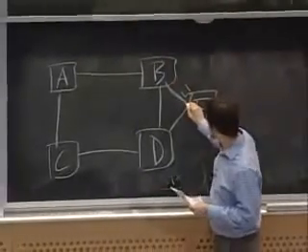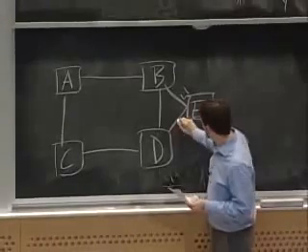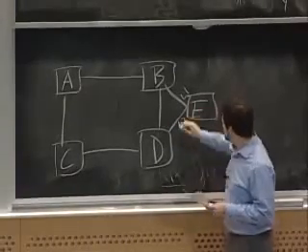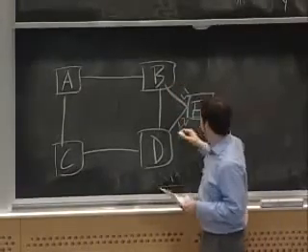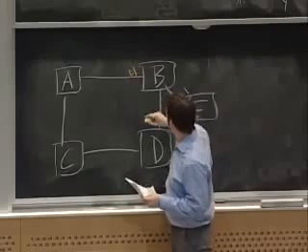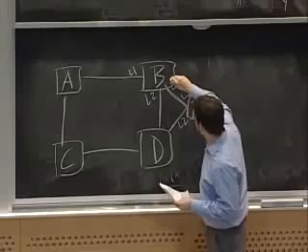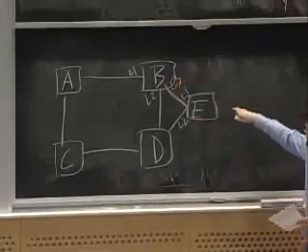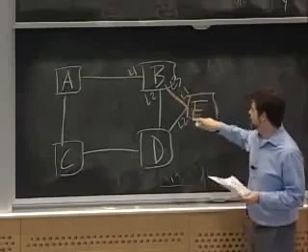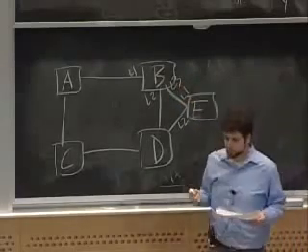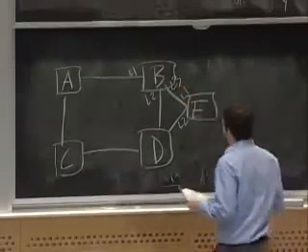We're going to label this link E to D, L2. And then I'm going to number all the links in the same way. So B's link to A, I'll number L1. B's link to D, I'll number L2. And B's link to E, I'll number L3. So notice that I've given 2 names to this link depending on whether we're talking about it from the perspective of B or E.